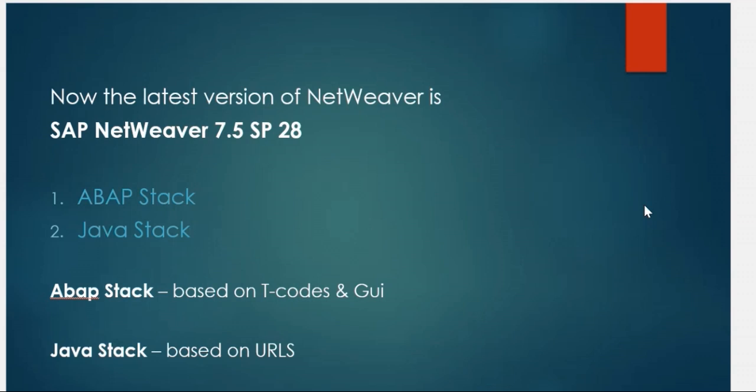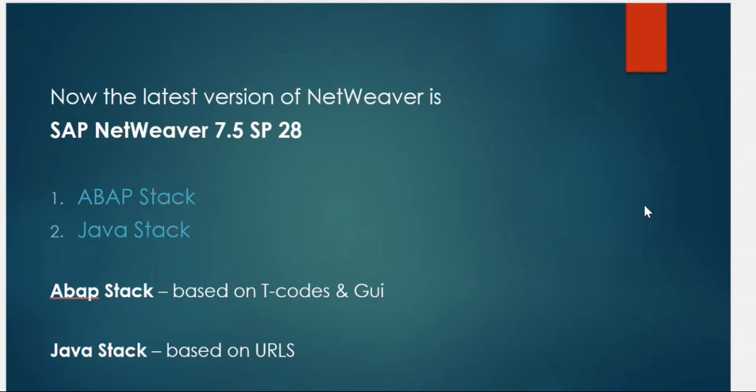The language in which this entire SAP thing is developed is ABAP, and the platform on which we log in through SAP GUI is the ABAP stack, which is running on code developed with the ABAP language.